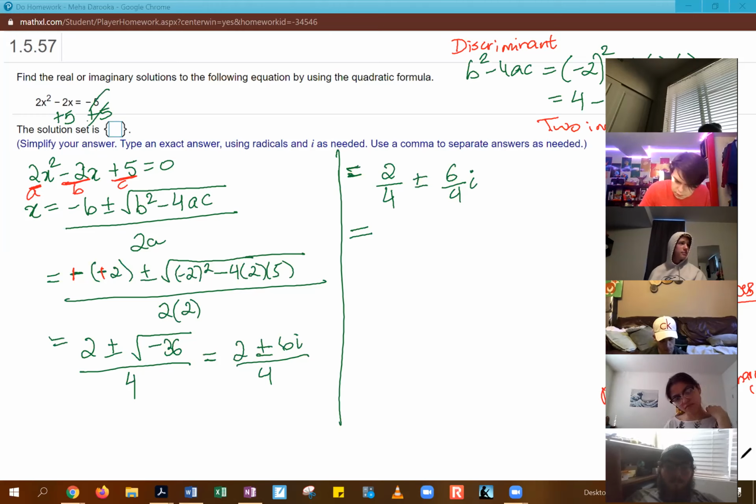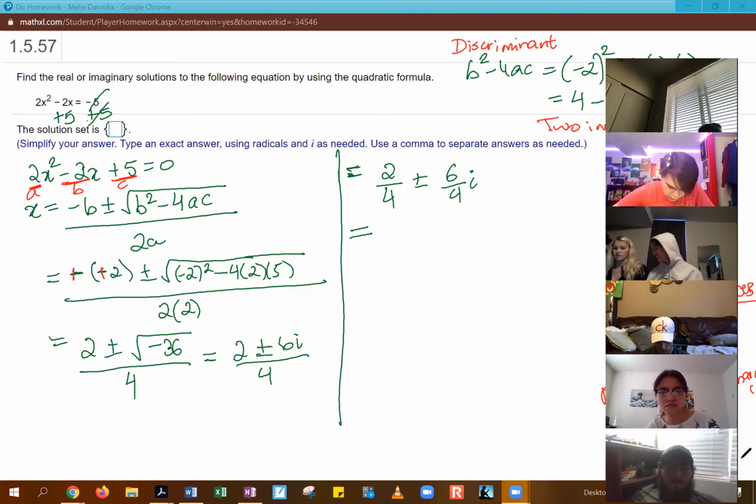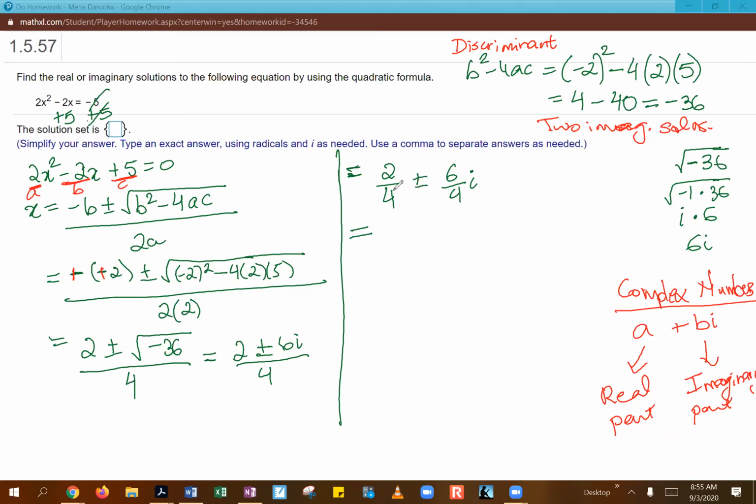Okay, let me see, send something on chat over here. Okay, so Maka, you've got 1/2. Yeah, it was a typing error. Yeah, one half plus or minus 3 over 2i. Very nice. Yeah, so all we have to do is just reduce those fractions. So 2/4 will reduce down to 1/2 plus or minus.